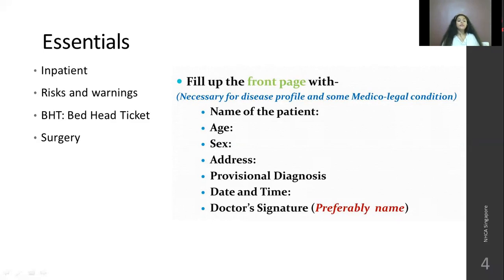Okay. Then surgery. Any idea what all the things which we have discussed in the inpatient features? Obviously, it will be there. What else will be there in surgery? What extra can you expect when you see a surgical medical record? Anyone?